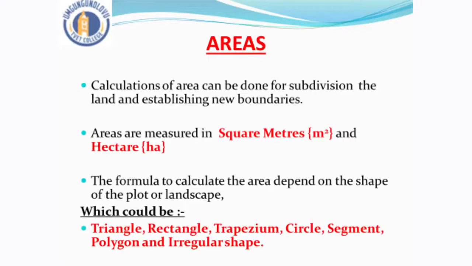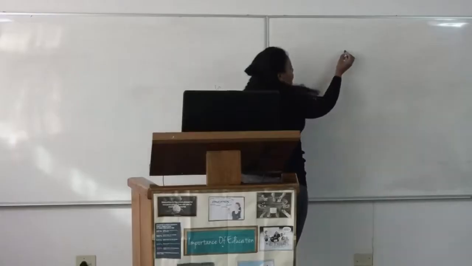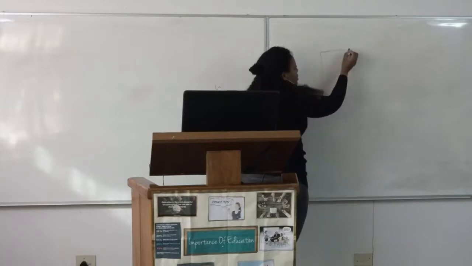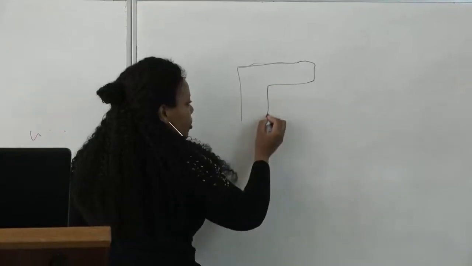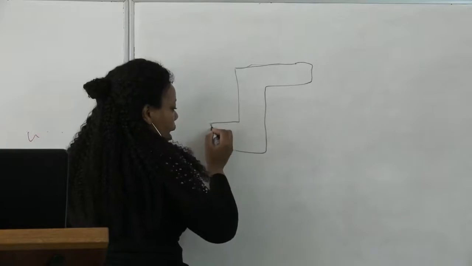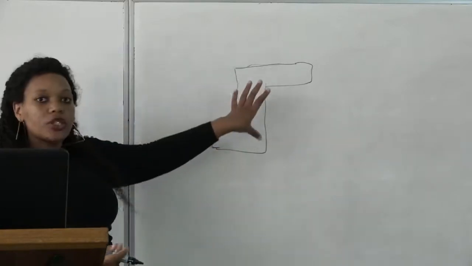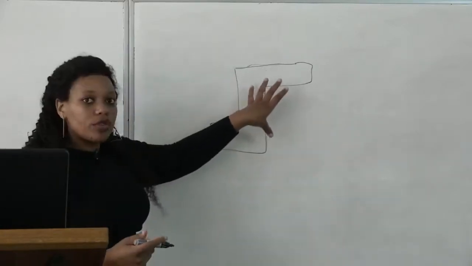Someone can have a question: why do we necessarily have to calculate the area? We calculate the area to subdivide the land and establish new boundaries. For example, let us say I'm given a piece of land that is in this shape, and I'm required to calculate the total area of this plot of land.